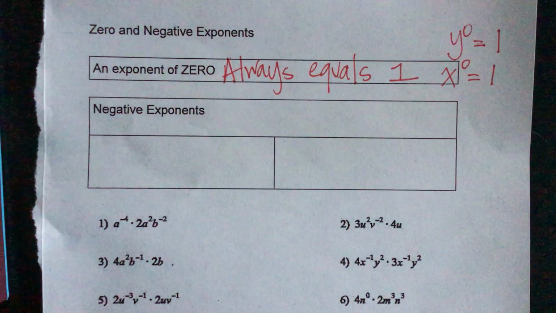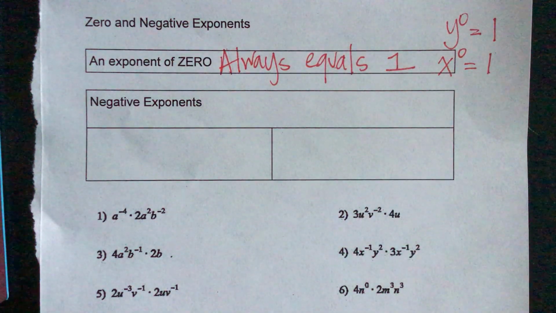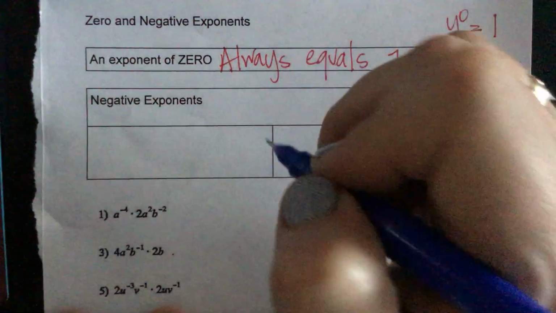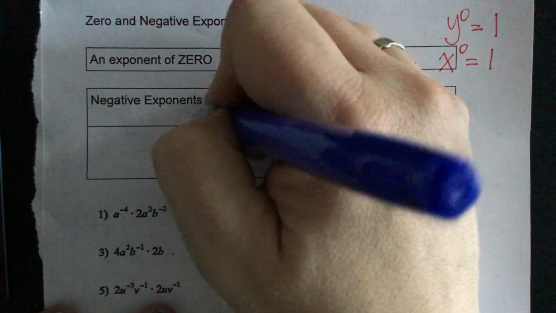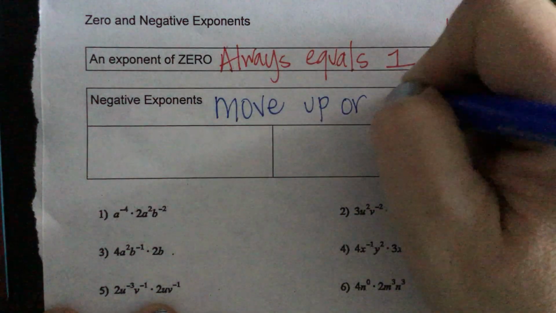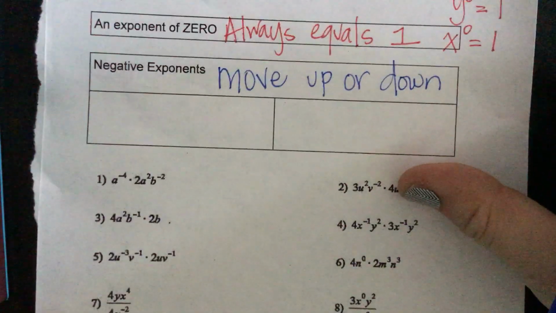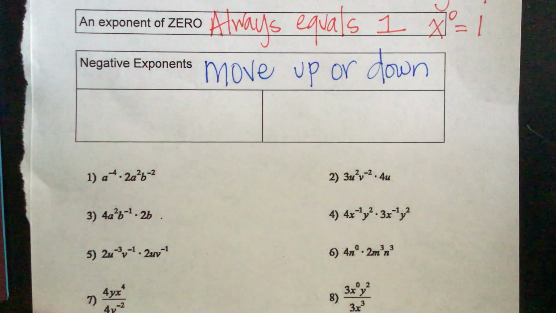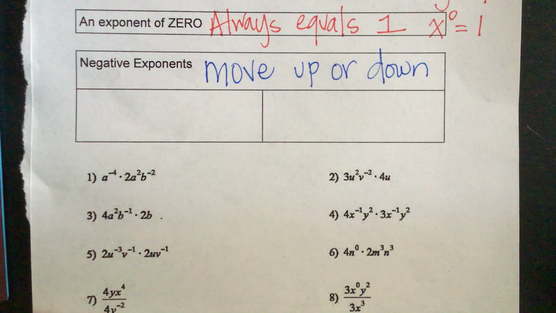If you have negative exponents, they move up or down. We talked about this yesterday when we were dividing. Our division showed us the subtraction part.